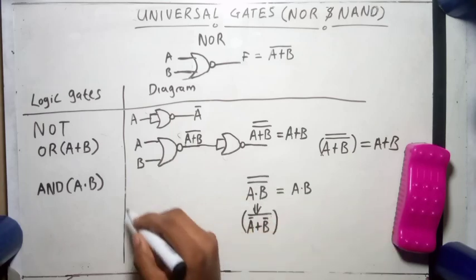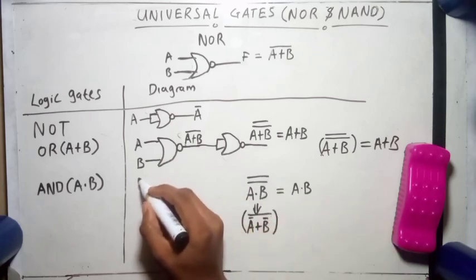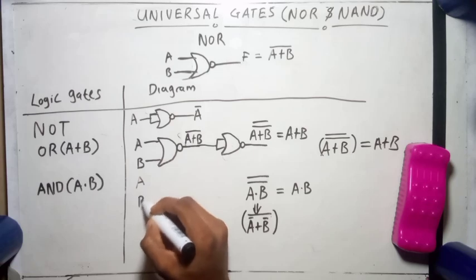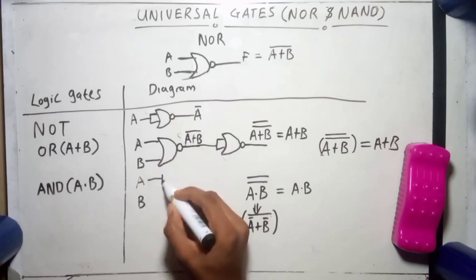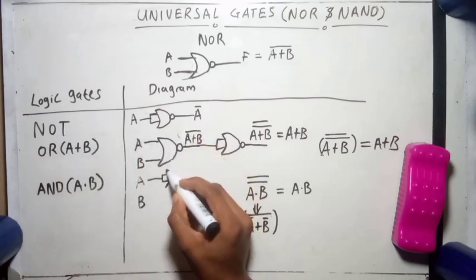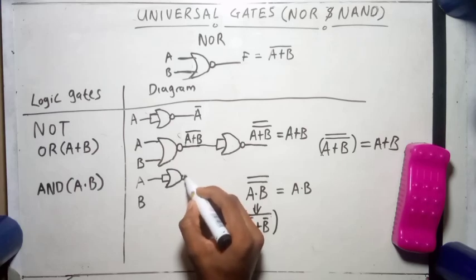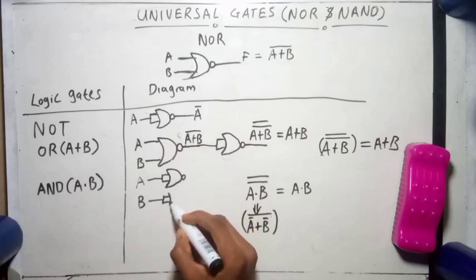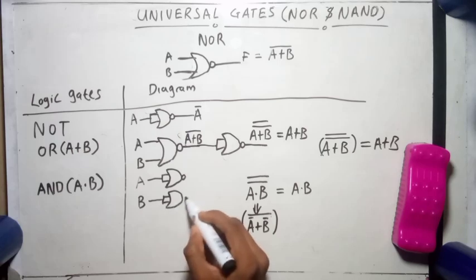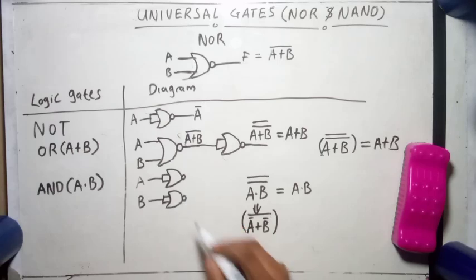So coming over here, our diagram will then be A, B. We're going to be negating it with this same symbol. So that's why the inverter diagram was the first one we started with, because it will help us to achieve a lot of things.